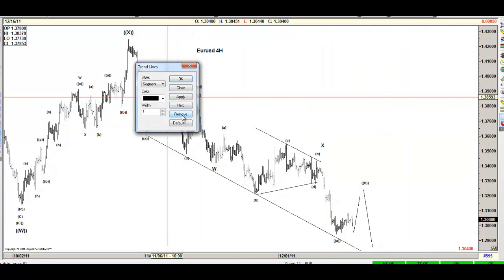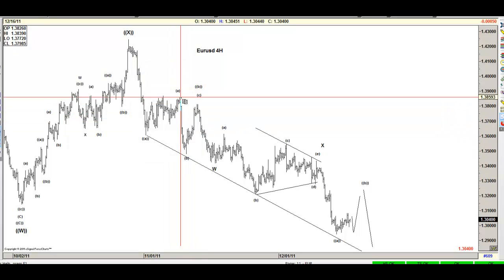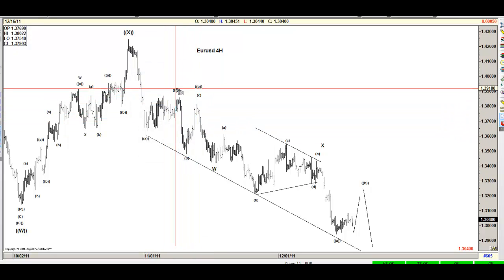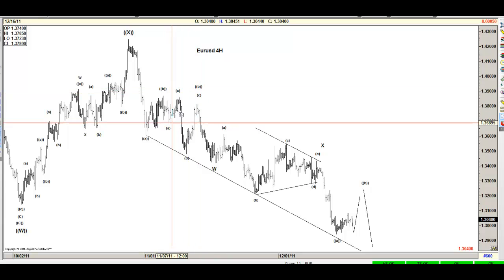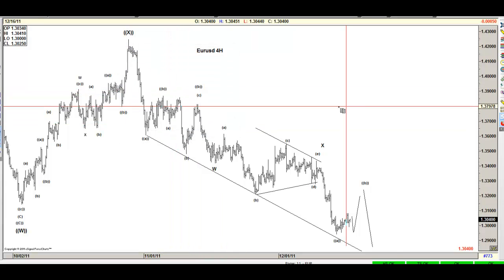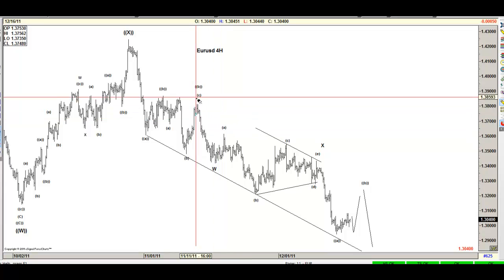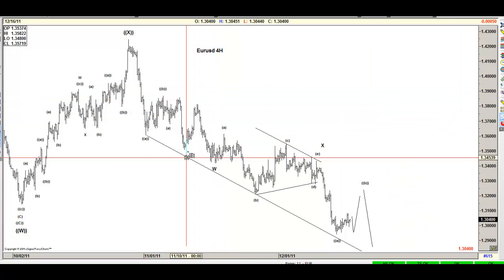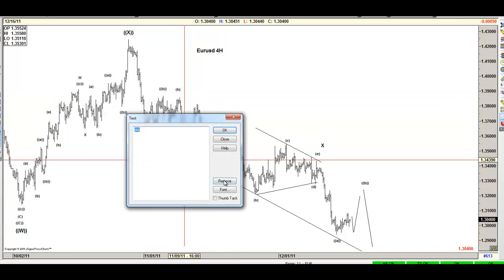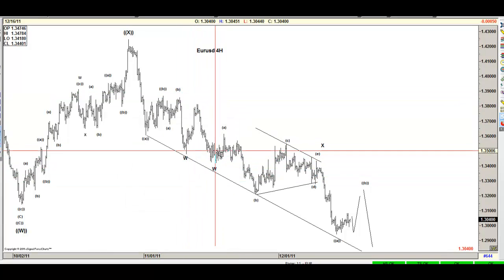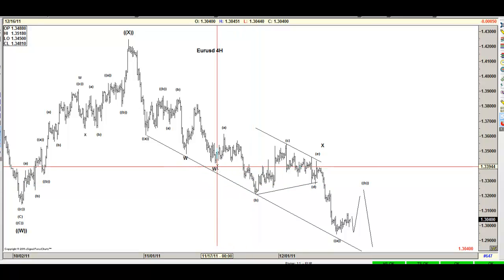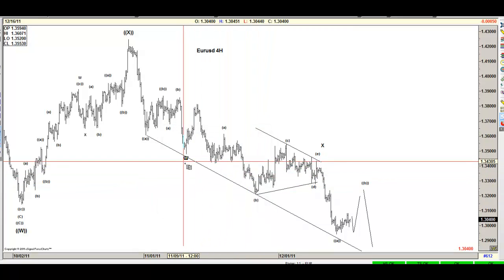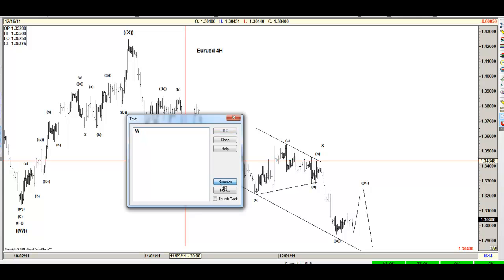We're going to take this triangle here. We're going to make this to be B, this A, and then this is going to be like this, A, B, a C right here, and then this is going to become W right here.